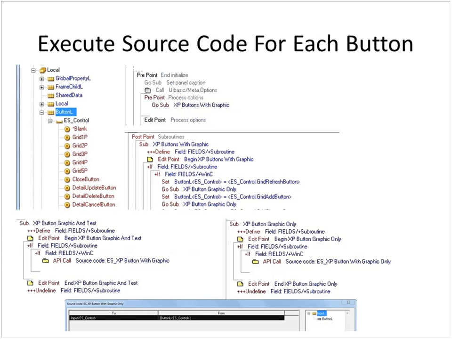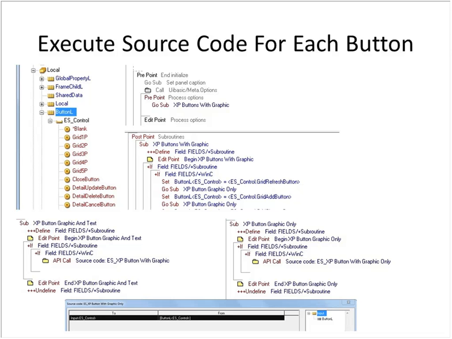So in my action diagram, and this is coded at the standards layer, so I always have this, within the local variables I've created a variable called button L, for local, and it contains a field of the ES control. That ES control field has the values for every value I've ever used for a button.